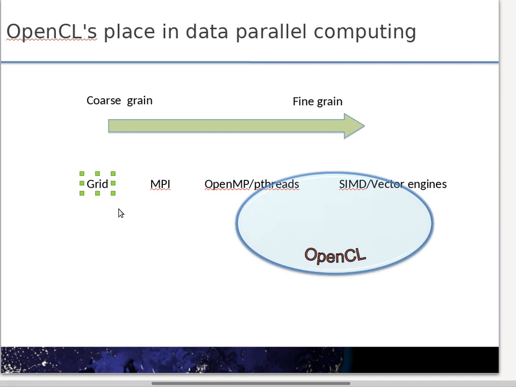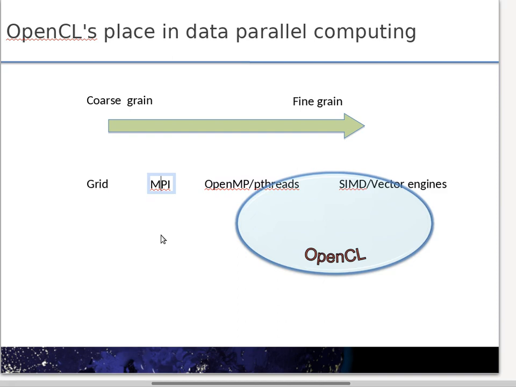One way to think about the difference between coarse grain and fine grain is the distance between the workload. Over here it's almost nothing because it's all working on a single core. Here it's very low because it's working on a single processor, utilizing multiple cores.